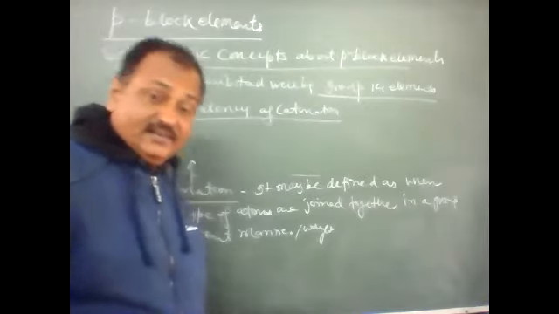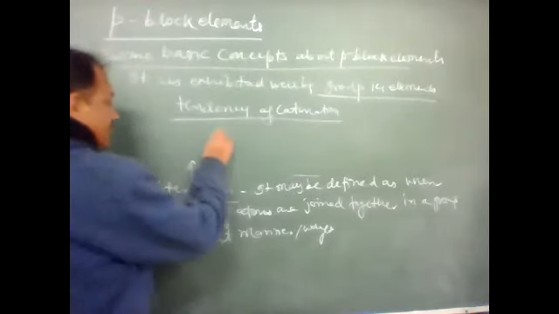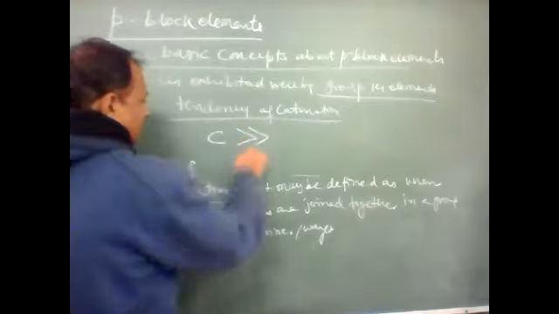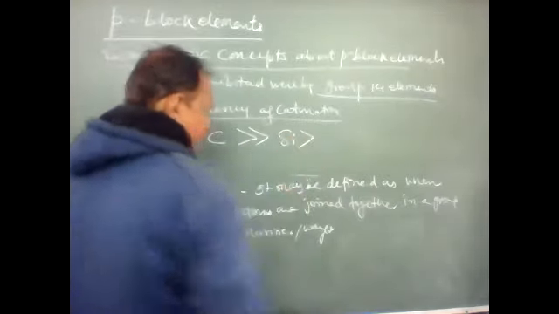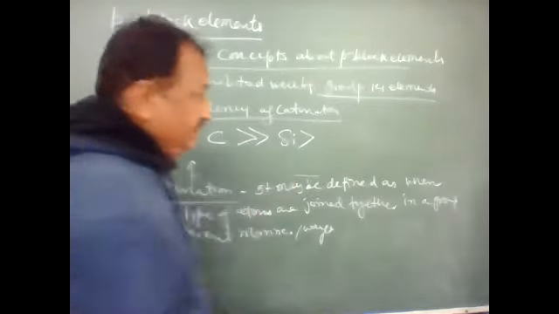I am now going to explain catenation in detail. Carbon has maximum tendency of catenation, followed by silicon. Silicon has less tendency.